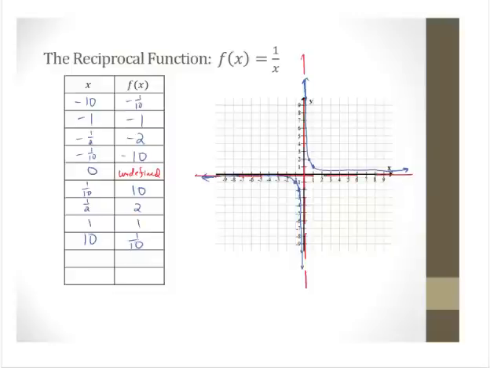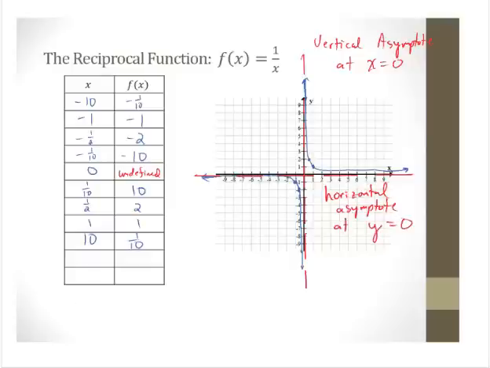Now these asymptotes are lines which the curve gets close to but never crosses. Alright, so we have a vertical asymptote at x equals 0. We have a horizontal asymptote at y equals 0.